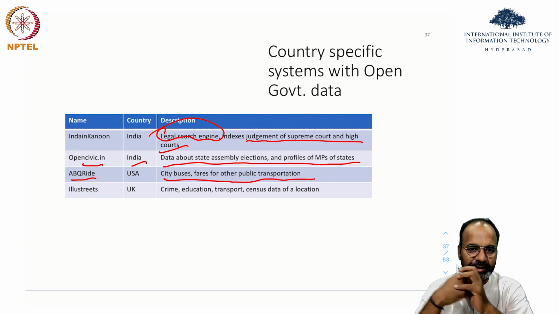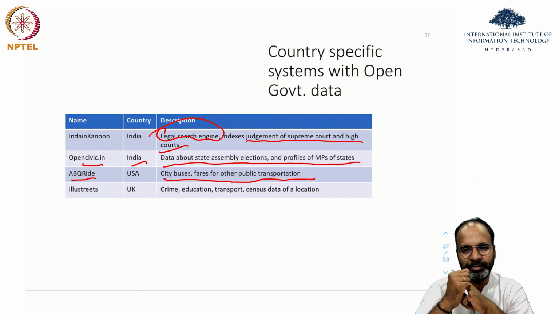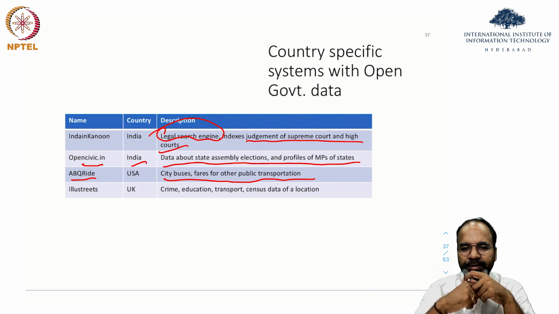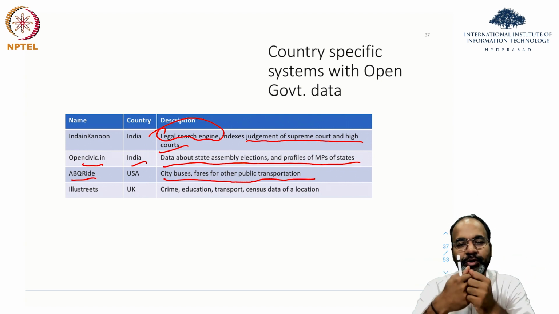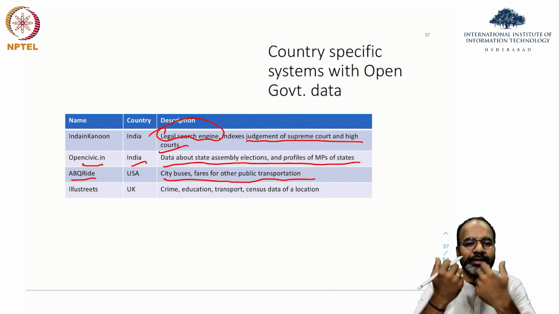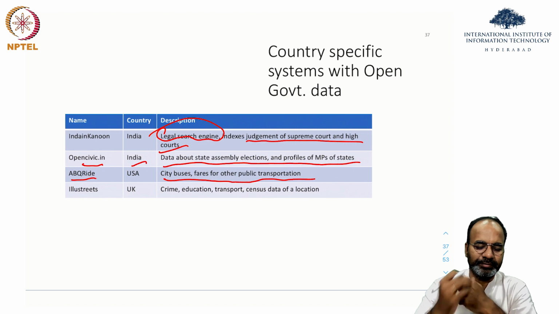Illustrates gives you details about crime, education, transport, census data of a location. So these kinds of publicly available services have also become very, very important to do some interesting analysis, interesting pattern predictions, interesting user behavior, right? There have been a lot of studies and a lot of need for having this open data, and also arguments to make for having this open data.